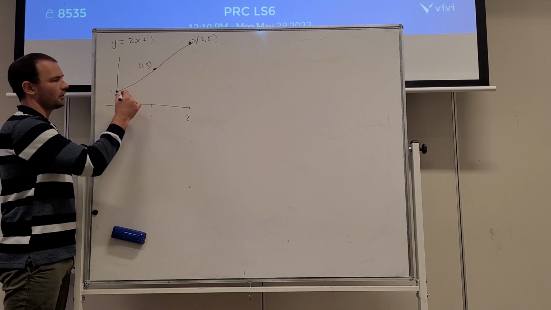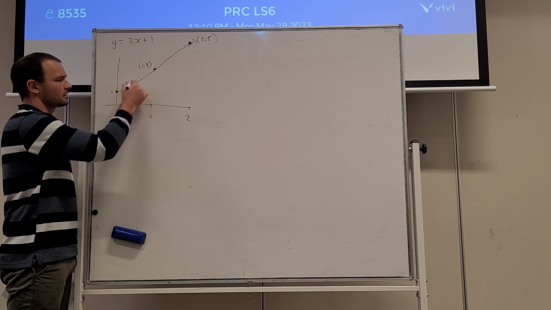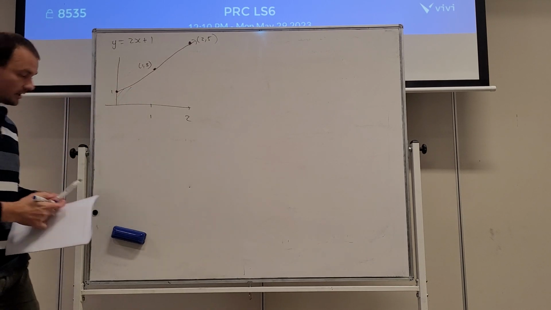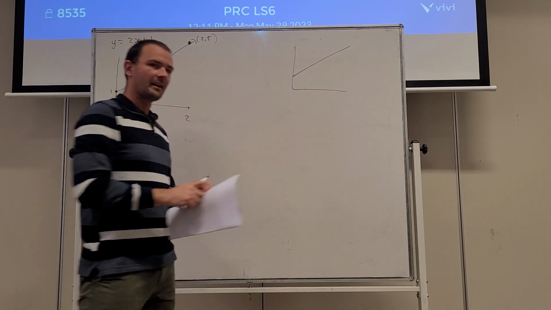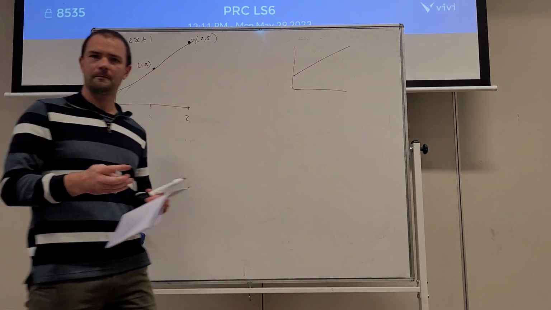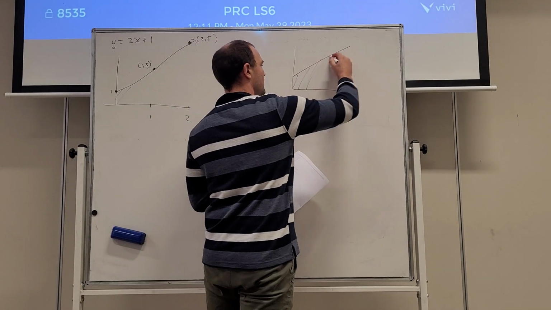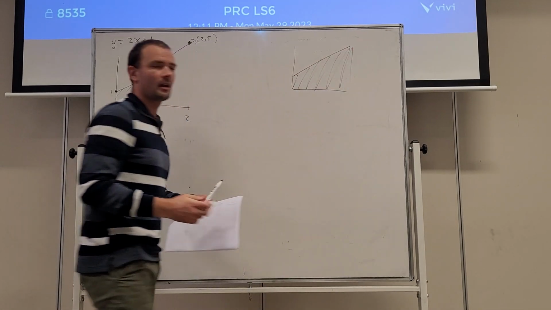So what I'll do, I'll draw a couple of things. Firstly, here's the function approximately, right? And if we want to know the area under the curve from x is 0 to x is 2, we're trying to find this area, right?